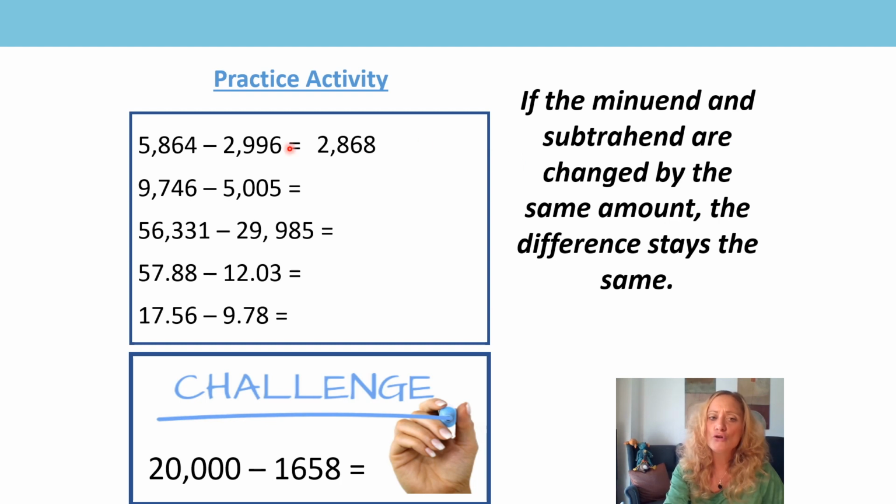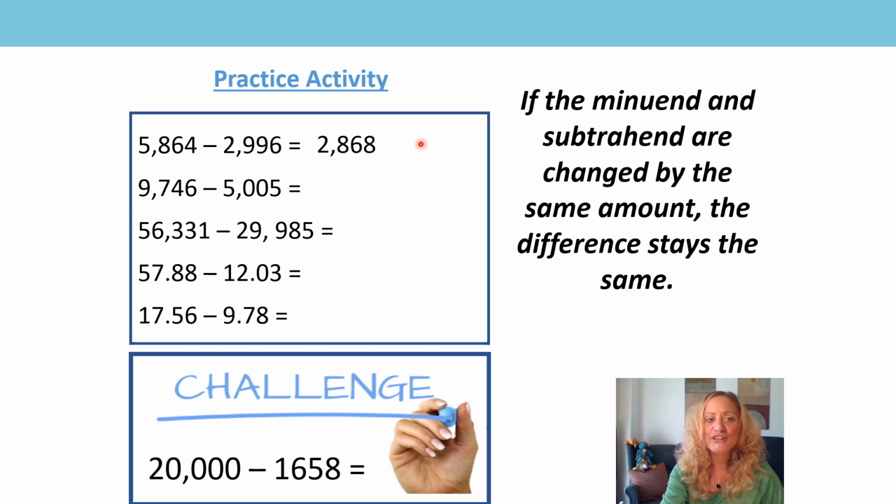So if I add 4 to the subtrahend, I get 3,000. And if I add 4 to this, I get 5,868. And so it's really easy then, isn't it, to subtract a multiple of 1,000 from my minuend. And this gives us 2,868. Well done.